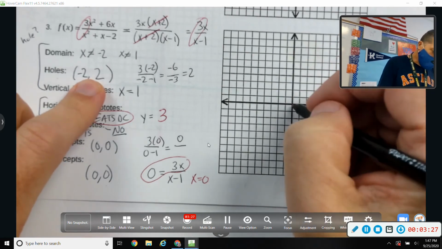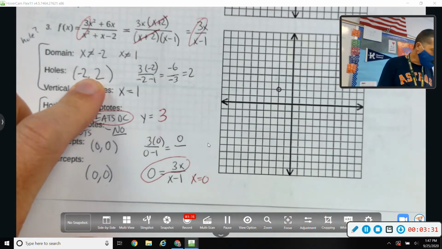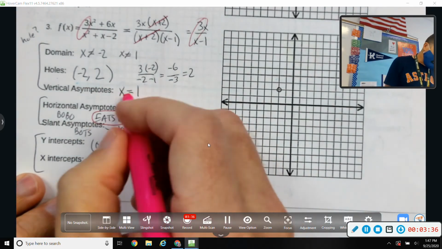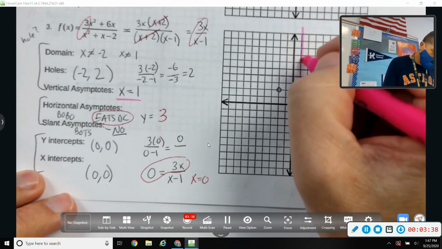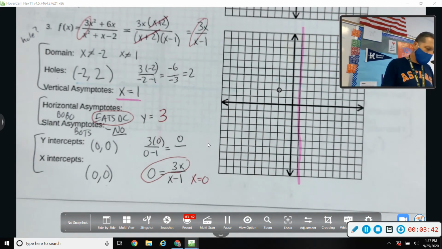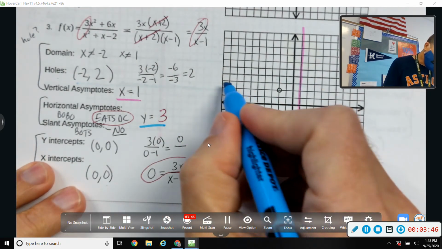All right, a hole at negative 2, 2. Again, an open circle there. Vertical asymptote at x equals 1. A horizontal asymptote at y equals 3.